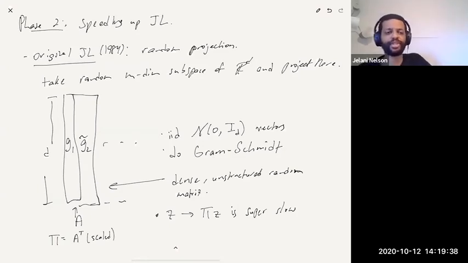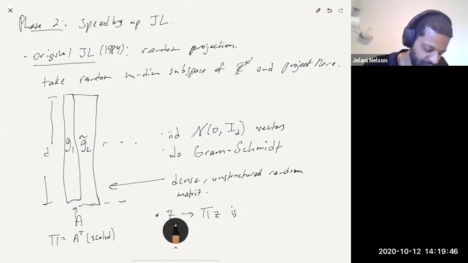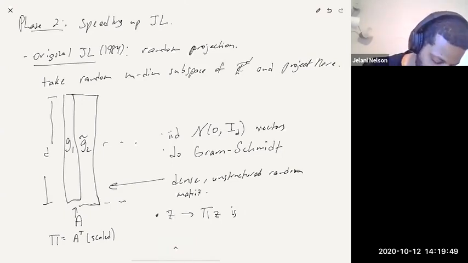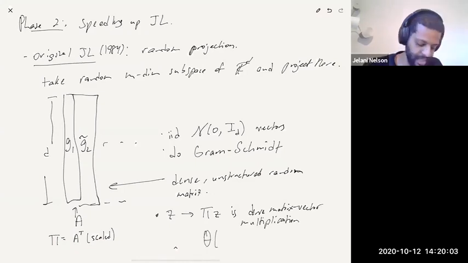So that's the original JL matrix. I'd say super slow. I don't want to use superlatives unnecessarily, but Z to pi Z is dense matrix vector multiplication, which is basically M times D time.